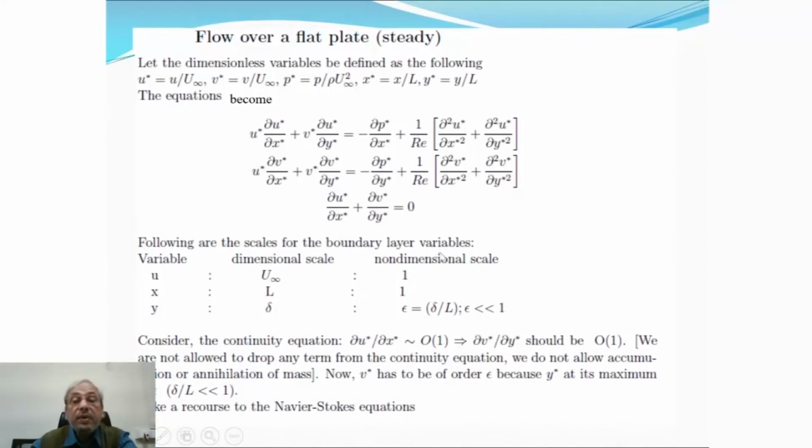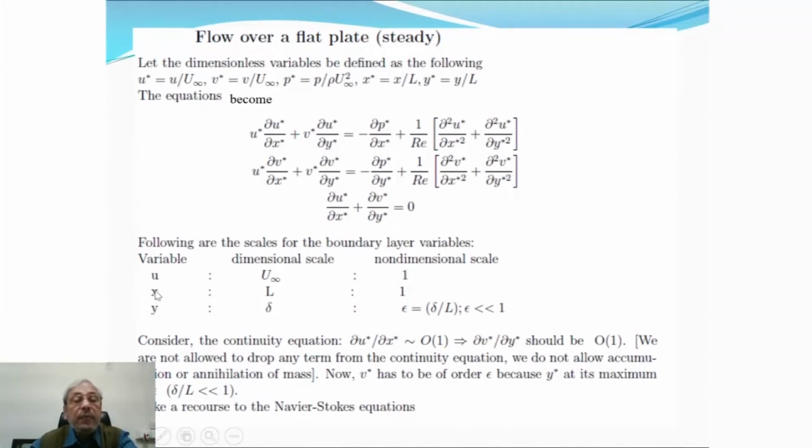Now let us define the scales. Following are the scales for the boundary layer variables. Variable u can go maximum up to u infinity. So with respect to u infinity, if we non-dimensionalize, the non-dimensional scale, its maximum value is 1.